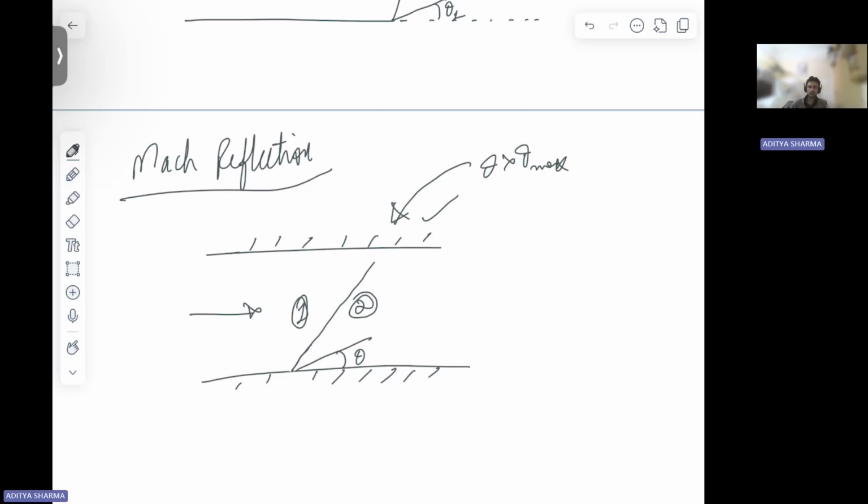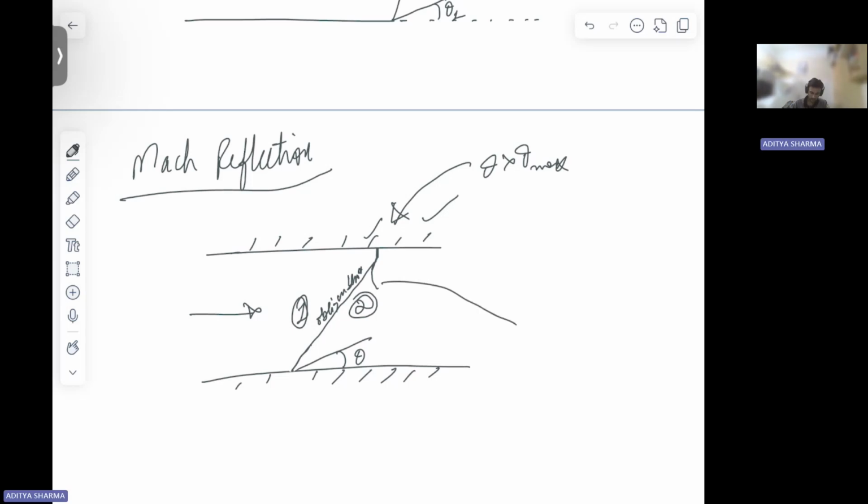In that case, we know what happens, right? We are going to get a normal shock here. It starts as a normal shock, but away from the wall, it interacts with your oblique shock and gives rise to this curved shock.